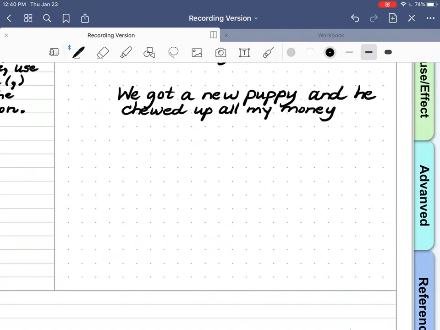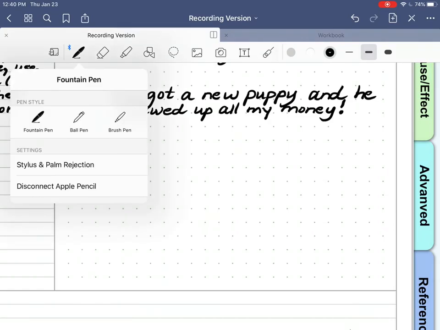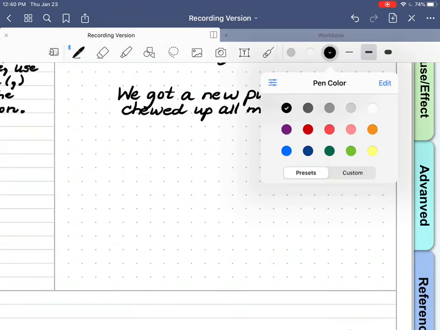Okay. If your new puppy just ate $100, is that one of these full stops? Yeah, it's one of these. So this is pretty exciting. I'm going to use the exclamation point. This actually happened to me when I got my dog.